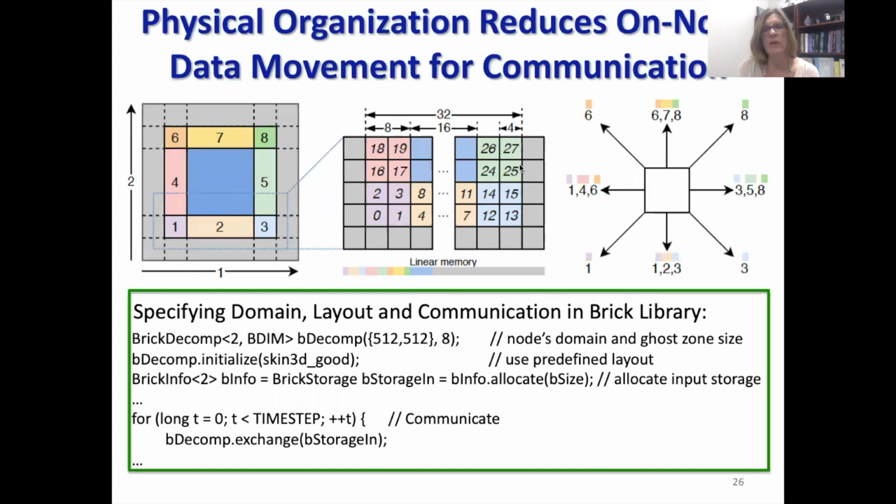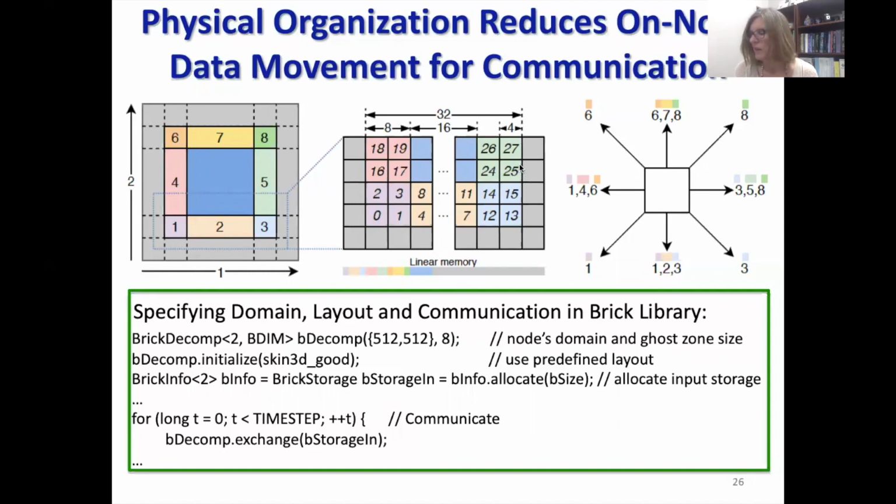And it is that reordering, the difference between the physical layout and the logical organization, that allows us to perform the communication optimization and take data that needs to be communicated to a neighbor in the network, make it contiguous in memory.